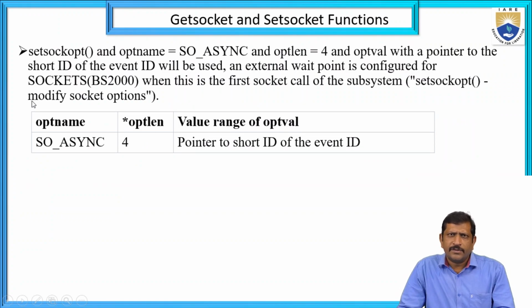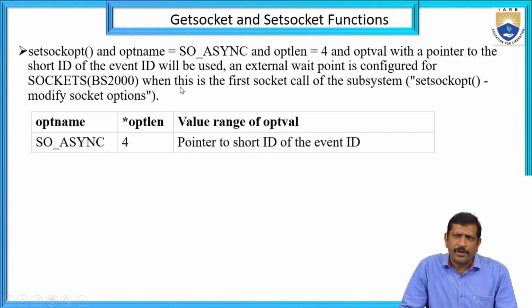In this setsockopt, option name, asynchronous, and option length equal to 4, and the option value with the pointer to the short ID of the event ID will be utilized.